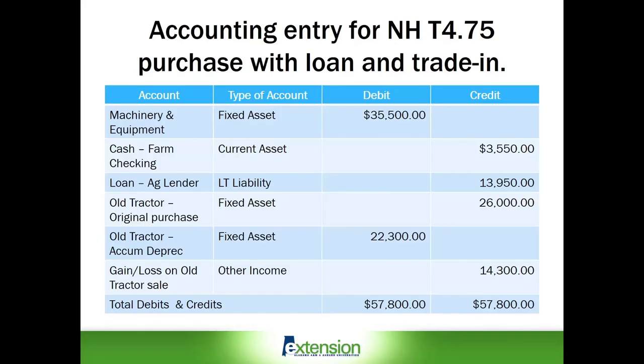Now, back to accounting. Like all accounting entries, debit and credit entries must be in balance. In this example, total debits and credits are $57,800. Let's briefly review it. Line 1, machinery and equipment for fixed assets is debited for the total amount of the new tractor, $35,550.